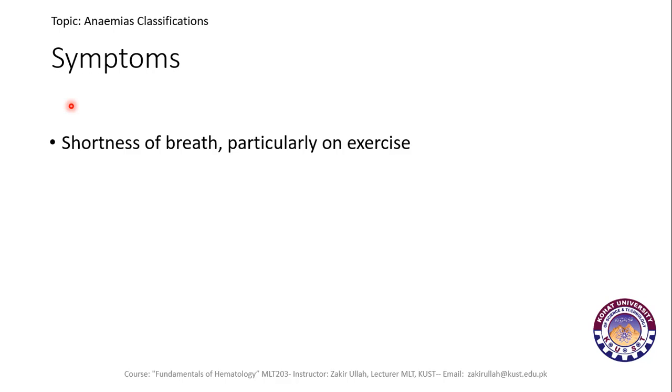So the first symptom is shortness of breath in the anemic patient, and the other is weakness, because every cell requires oxygen for its cellular processes, and when there is a decrease in hemoglobin concentration, this also affects the oxygen concentration within the body.